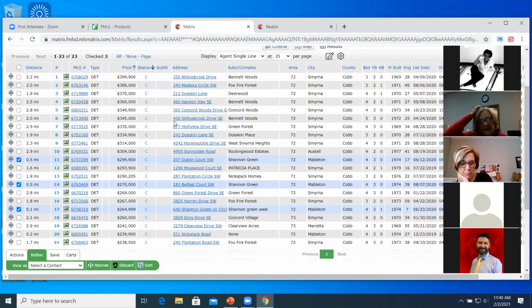Let's say we decided to list this house at 300, and you have a buyer who qualifies from 300 to 325 or 315 or whatever. You're going to start your search at 300 up to 325 probably. And if I had this listed at 299.9, you wouldn't pull this property up, would you? So I usually use even numbers. That way, if they're looking between 275 and 300, they see it, and if they're looking from 300 to 325, they would see it as well.